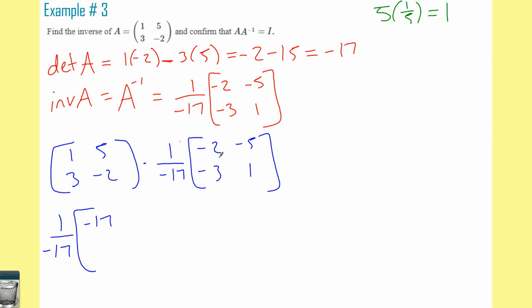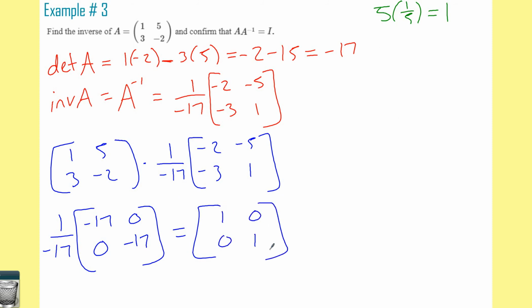Then I get -5 and 5, so 0. -6 and 6, 0. -15, -2, -17. Oh, would you look at that? Now I'm just dividing each one by -17, and it's the identity matrix. Yay!